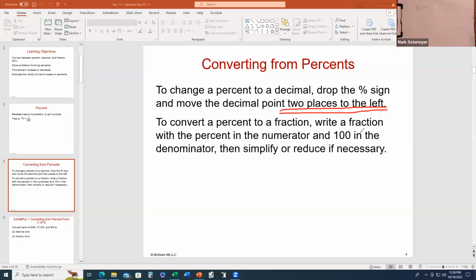We write the fraction with the percent in the numerator and 100 in the denominator, then simplify or reduce if necessary. So it's ultimately going to come down to remembering these things here. So from a percent to a decimal, the decimal point goes 2 places to the left. We drop our percent sign.